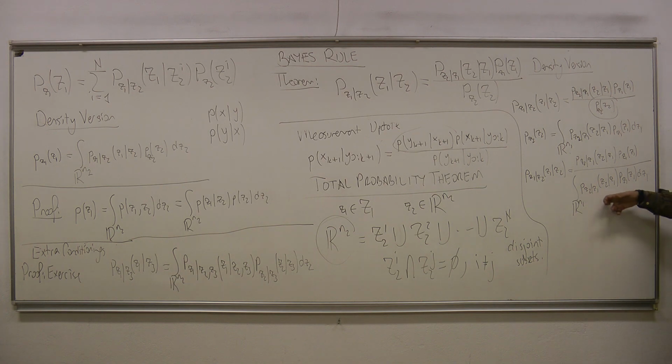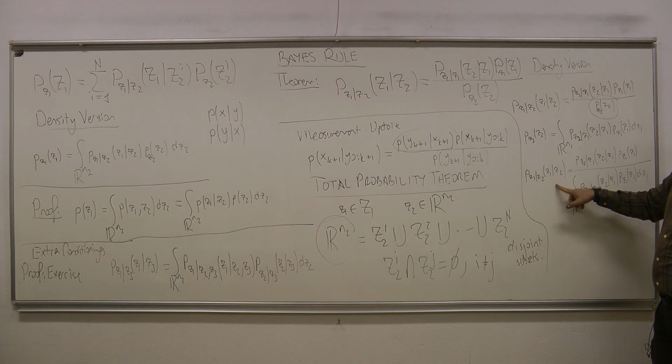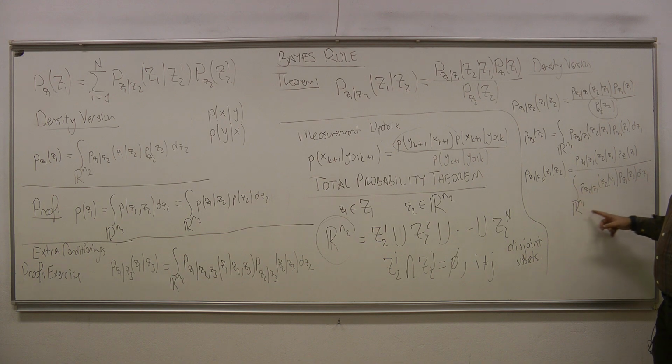So here, this denominator is nothing but a normalization constant actually. So this conditional distribution is a proper distribution. So when I integrate this distribution with respect to Z1, the result should be 1. Okay? So this denominator is therefore nothing but a normalization constant for the numerator.